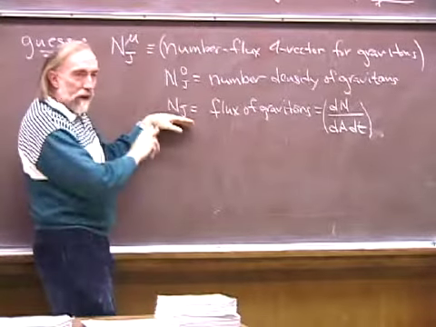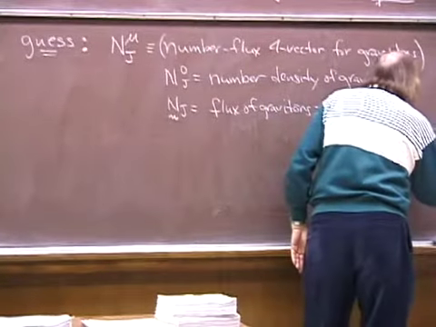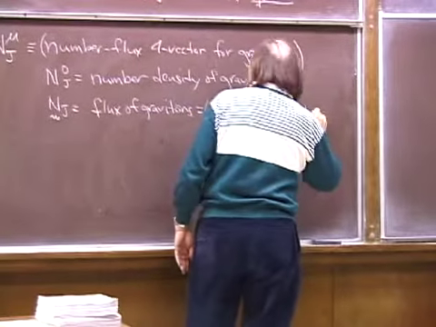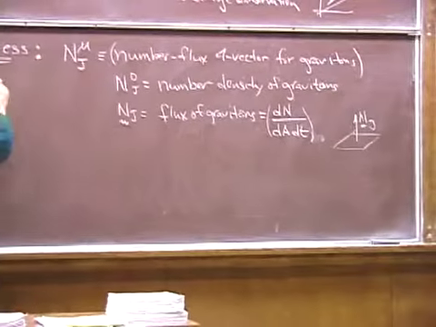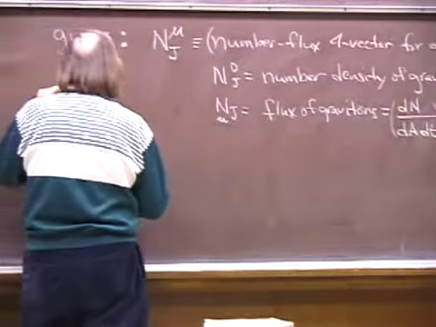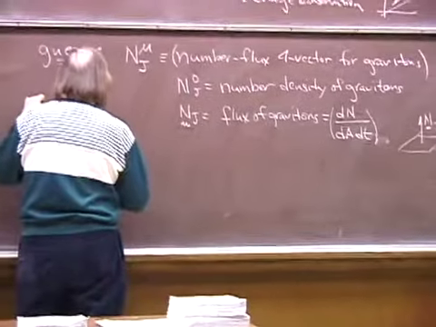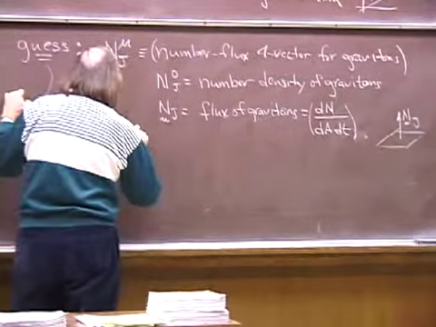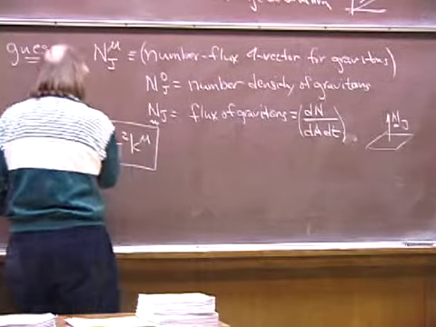That is, the gravitons are moving in this direction, so we pick the area to be orthogonal to the direction in which the flux of gravitons is propagating. And so our guess then is that this number flux 4-vector for gravitons is just equal to or proportional to hj squared times k mu.